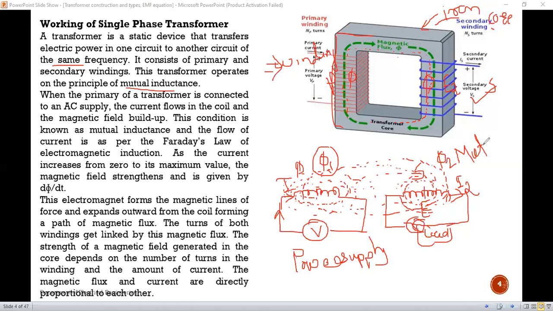This principle is called the mutual induction principle. Getting it?